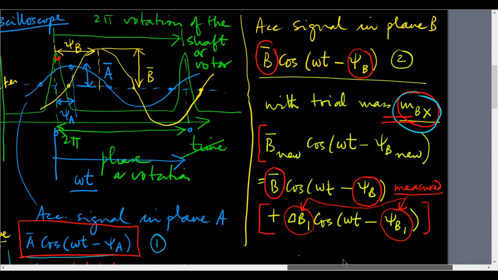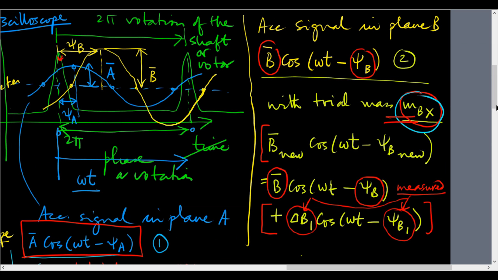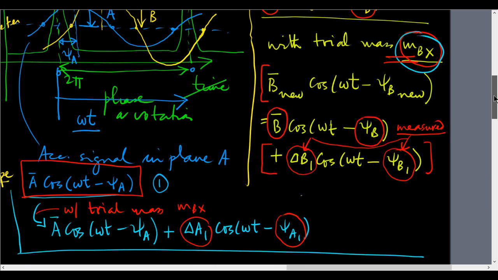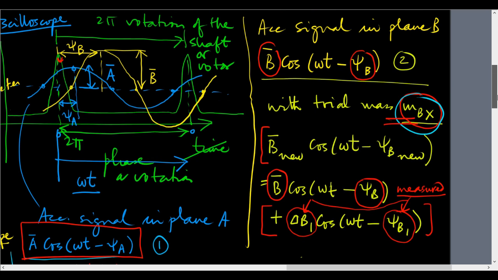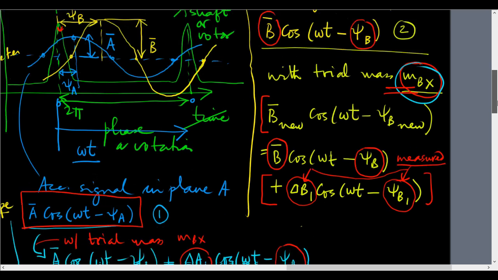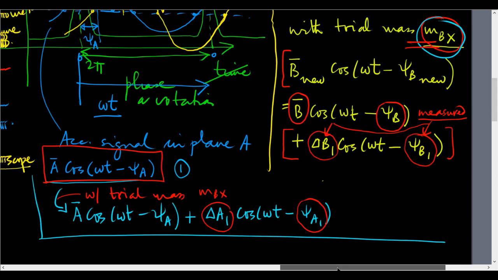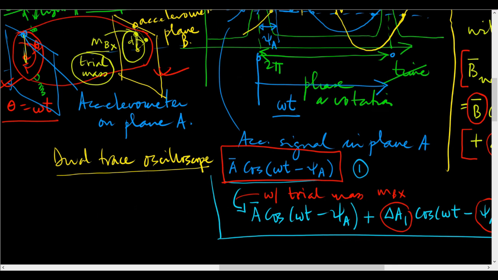All right. Now we come to the last part. The last part I will write in green. In this experiment, instead of adding the trial mass mbx, suppose I had added a trial mass mby.